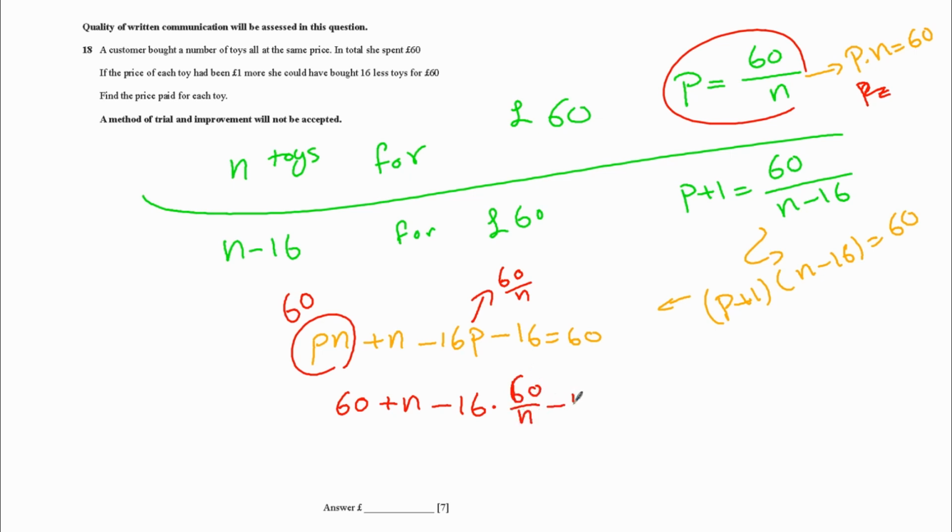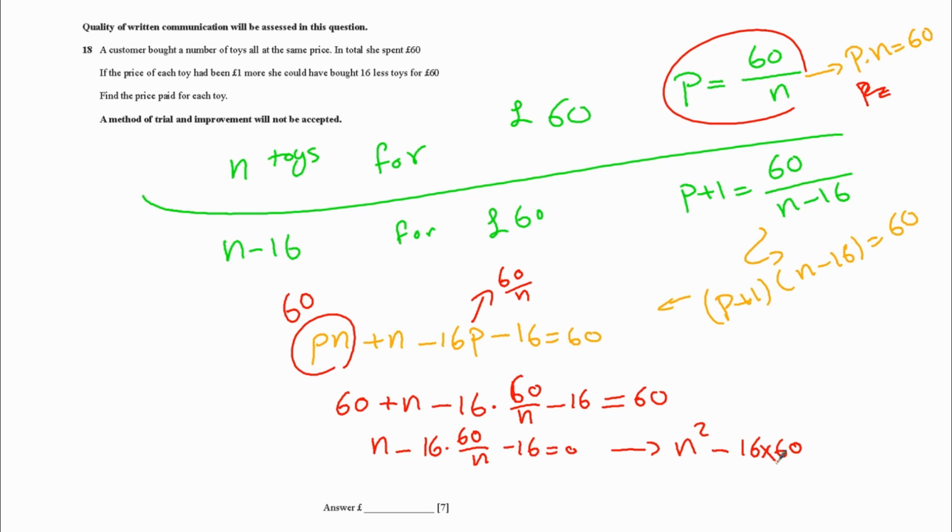If I subtract 60 from both sides, what I will have is n minus 16 times 60 over n minus 16 equals 0. If I multiply everything by n, then I will have n squared minus 16n minus 16 times 60 equals 0.